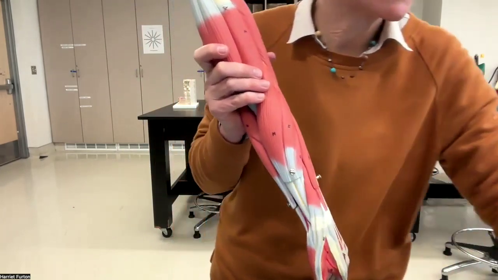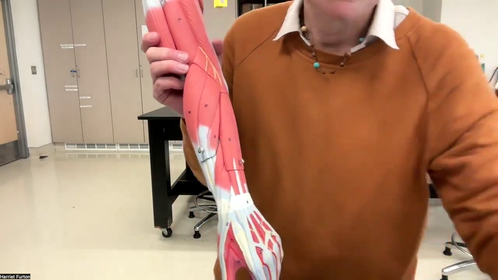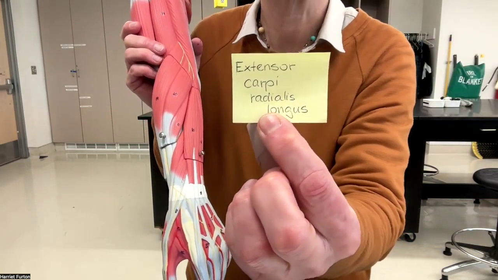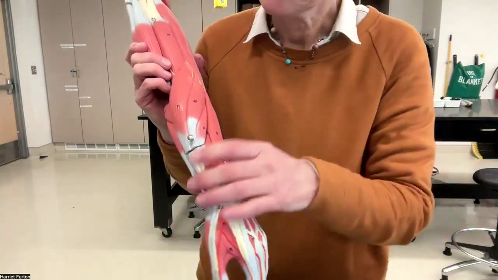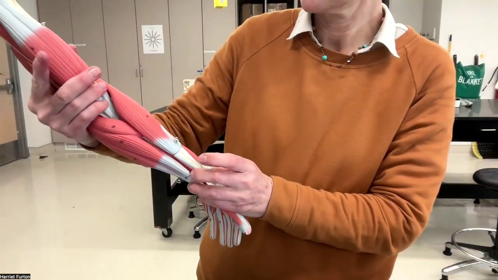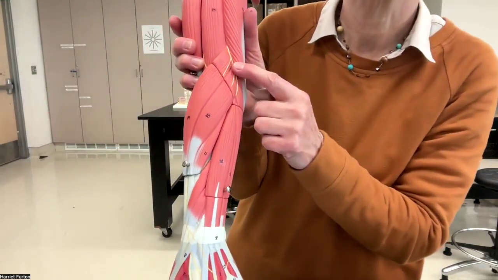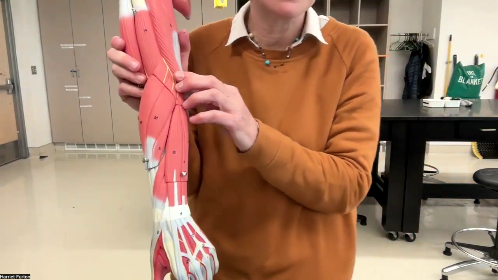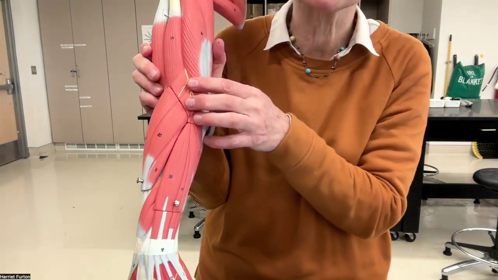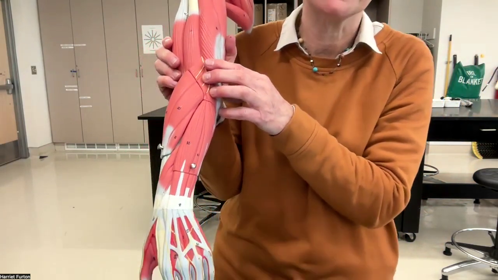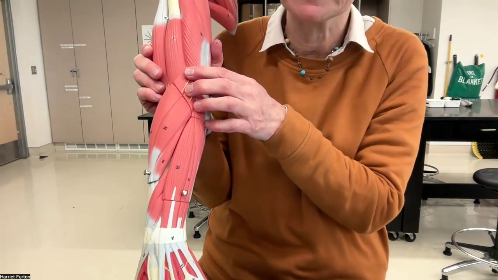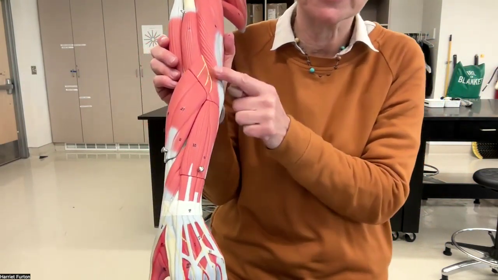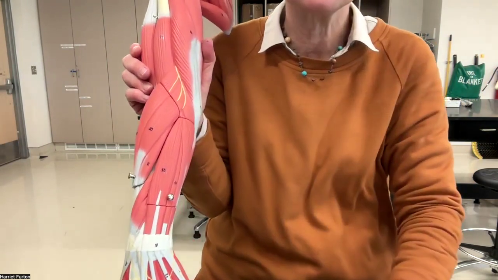Go to the extensors. Extensor carpi radialis longus, number 20, goes here. All the extensors, I have to just point out, originate from or are attached to the lateral epicondyle area of the humerus.